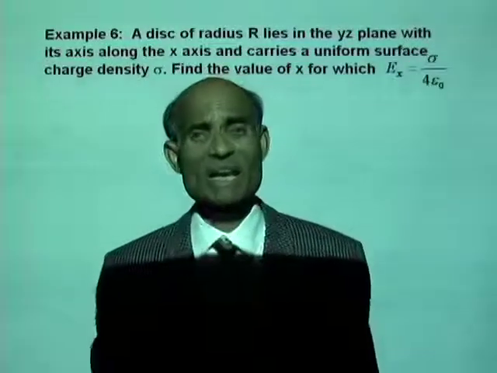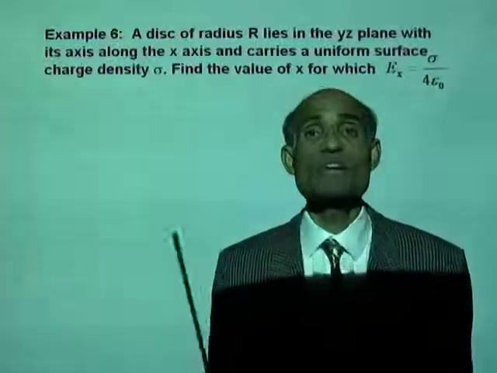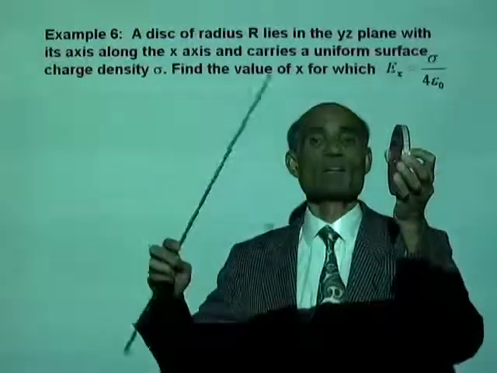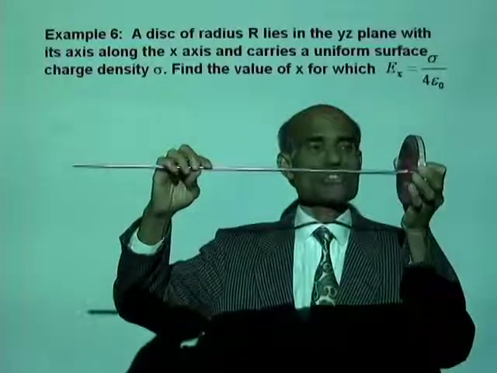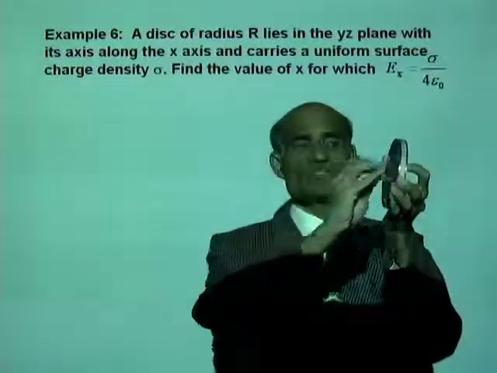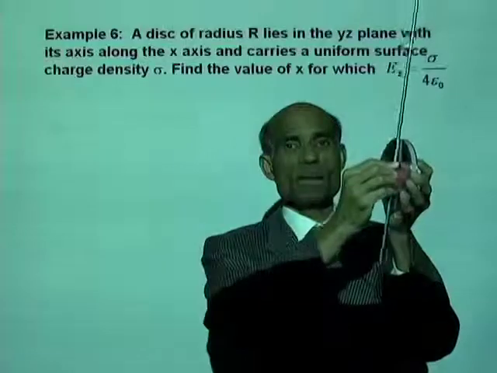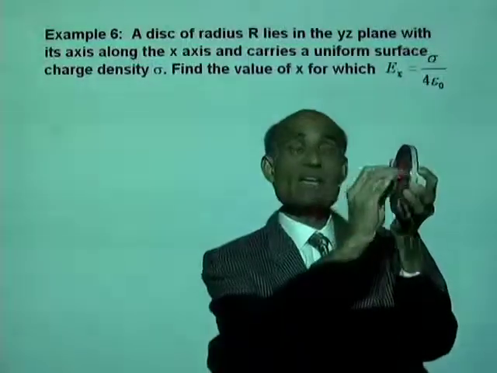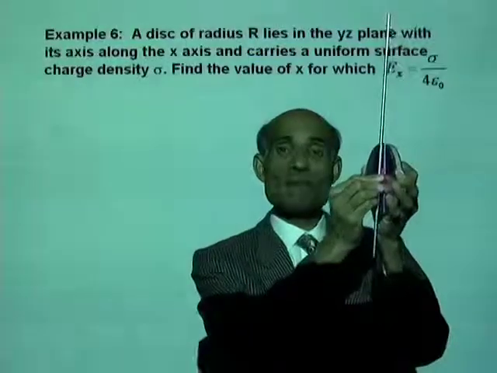Can you visualize that? A disk of radius r lies in the YZ plane. Look at that. This is the x-axis, this is the y-axis, and that is the z-axis. So this vertical plane is the YZ plane.